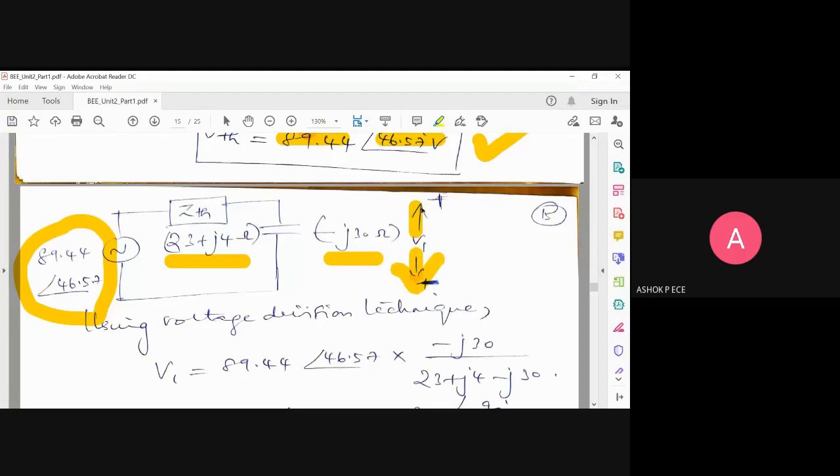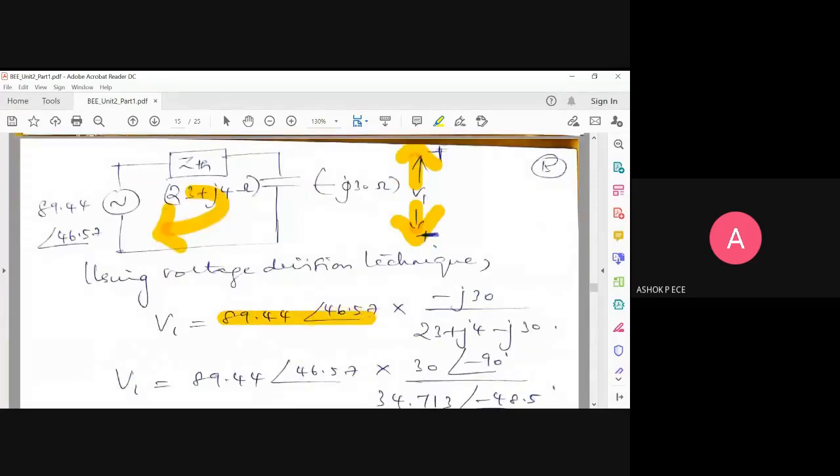So now again, it's very simple single loop. So total voltage is known to me. I want to measure voltage across minus J30. So I can apply voltage division technique again. So total voltage into that resistance divided by that resistance plus opposite resistance. So opposite resistance is 23 plus J4 ohms.